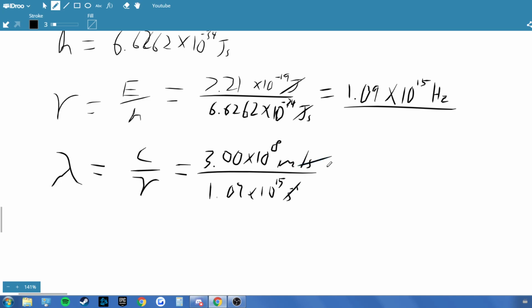We can cancel out the per seconds. Then calculate this, and you get 2.75 times 10 exponent negative 7 meters.